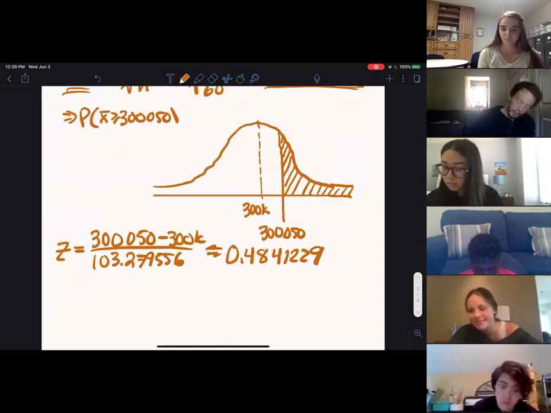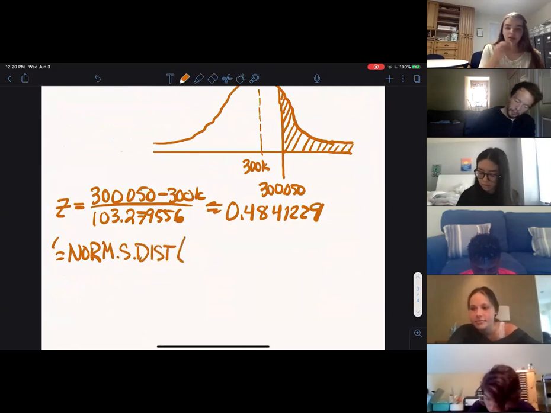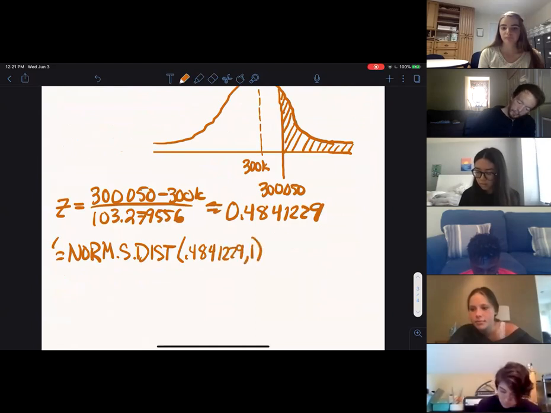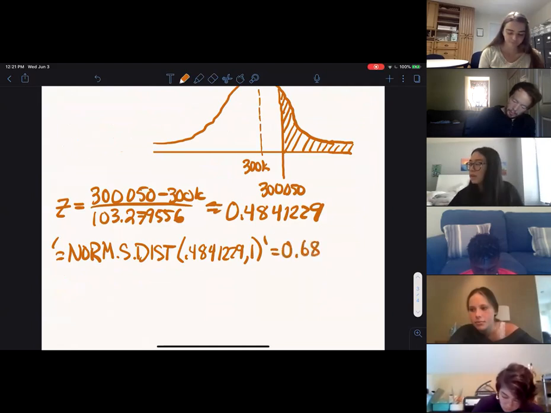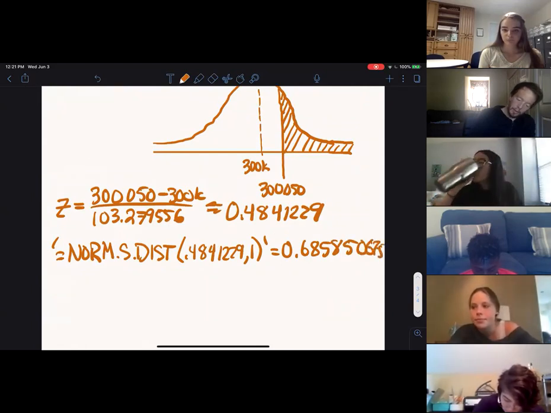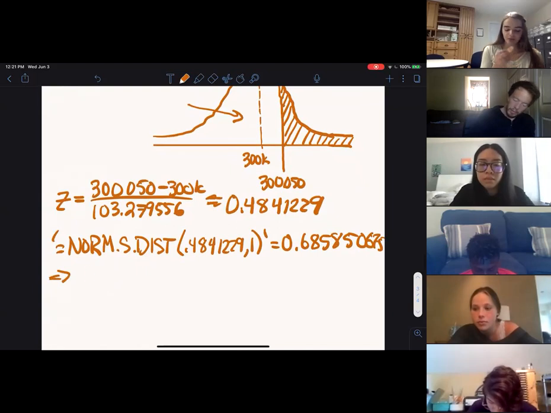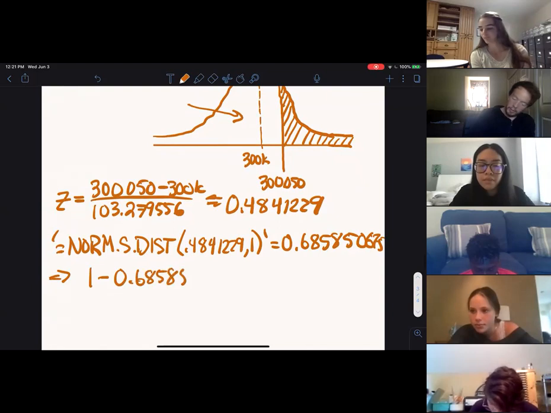We proceed to Excel and use our NORM.S.DIST function, which gives this probability. But recall that the NORM.S.DIST function gives us the lower probability, and we want the upper. So we take 1 minus that, which gives us our answer.